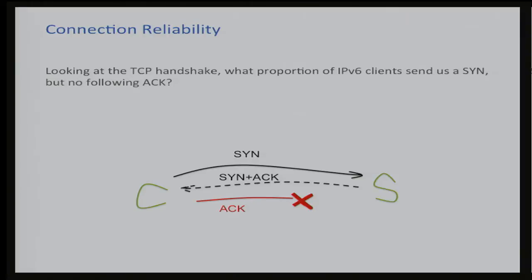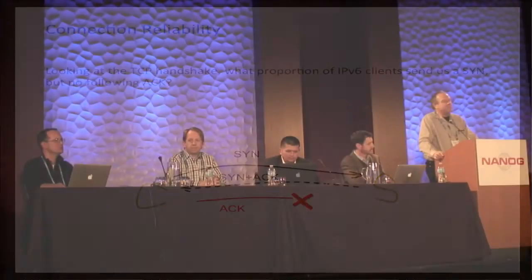But before I actually look at raw performance, I want to look at connection reliability. If any of you have ever used Teredo or 6-4, you will have realized that sometimes the packets just don't make it. And it's not obvious how they don't make it, or maybe it is, but the symptom is pretty easy. At the server side, you send me the opening SYN of a TCP.